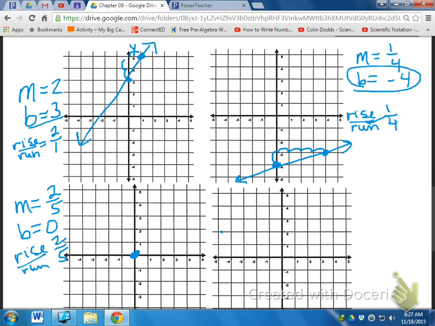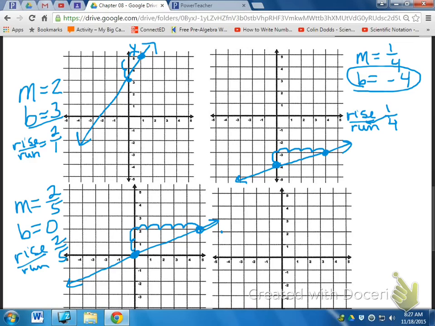I've got both numbers again, so I'm going to rise up 2, and I'm going to run 1, 2, 3, 4, 5, and put my second point. There's my line. Questions about that?